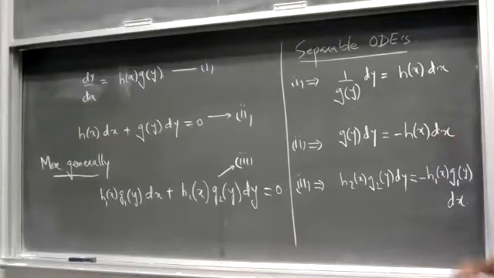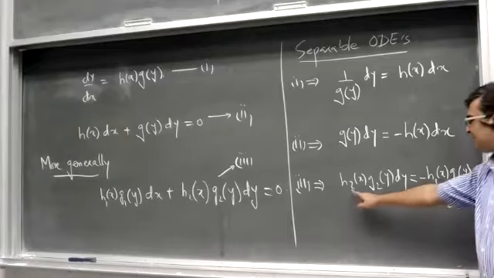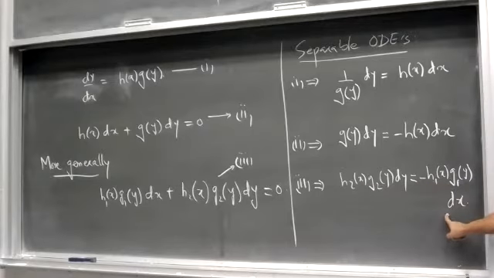Now, in order to separate the variables, you have to divide by h2 of x on the right hand side and g1 of y on the left hand side, provided that h2 of x and g1 of y are not zero.